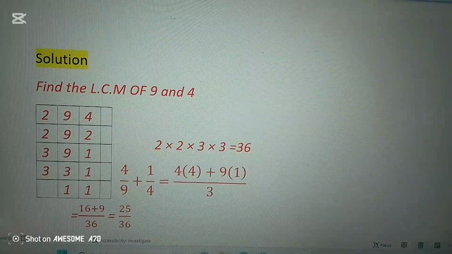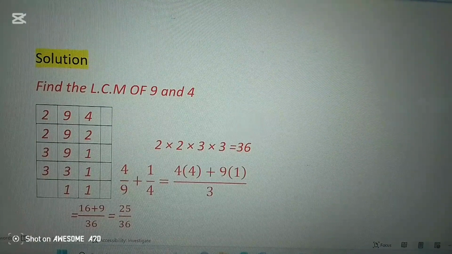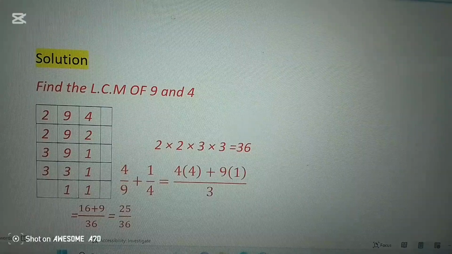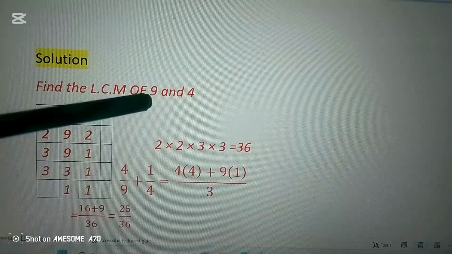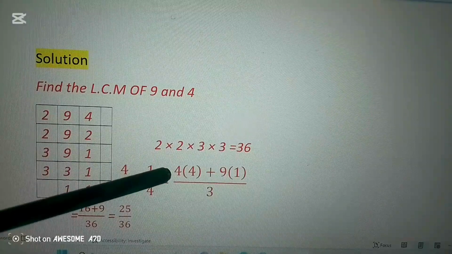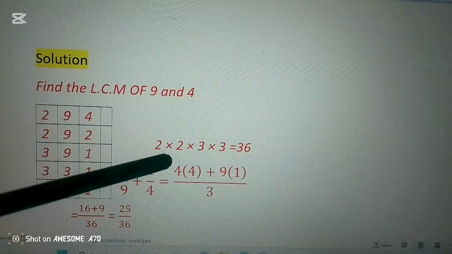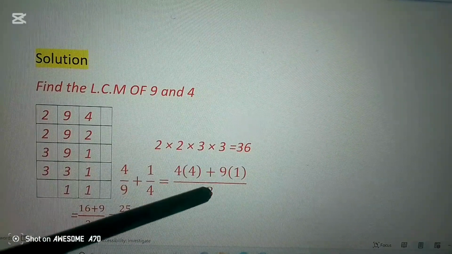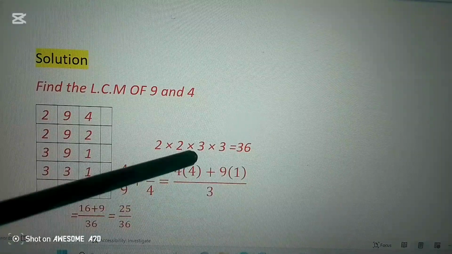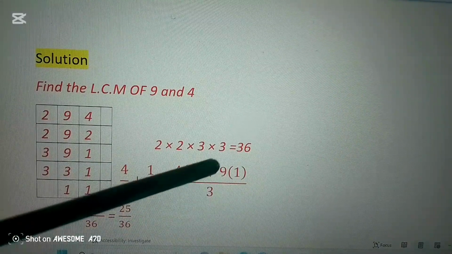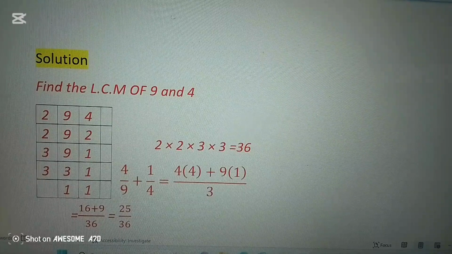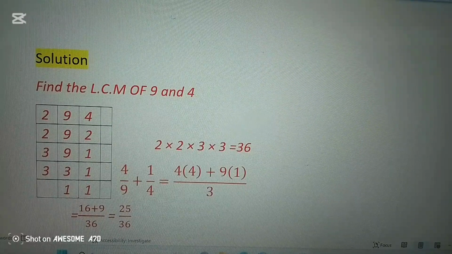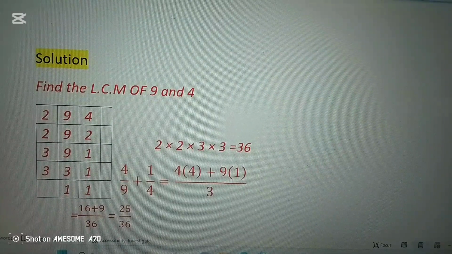So we find the LCM as 2 times 2 times 3 times 3. 2 times 2 is 4, 4 times 3 is 12, 12 times 3 is 36. So we have our LCM as 36.